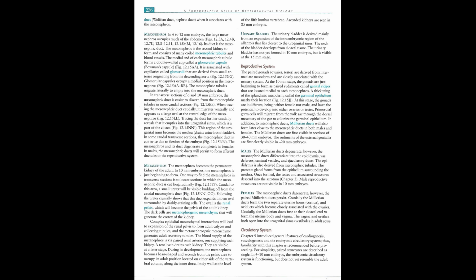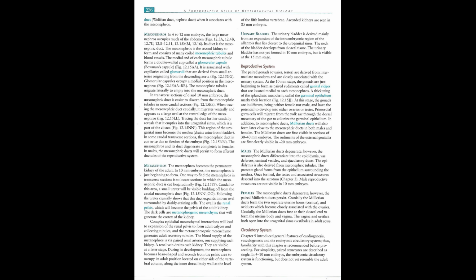Mesonephros. In 6 to 12 mm embryos, the large mesonephros occupies much of the abdomen, Figs 12.3a, 12.4b, 12.8 to 12.11, 12.15, 12.16. Its duct is the mesonephric duct. The mesonephros is the second kidney to form and consists of many coiled mesonephric tubules and blood vessels.